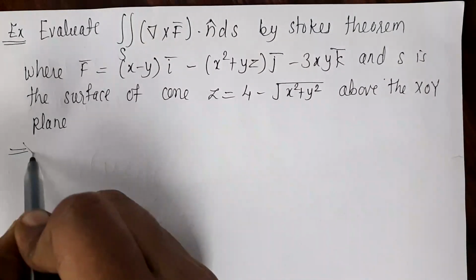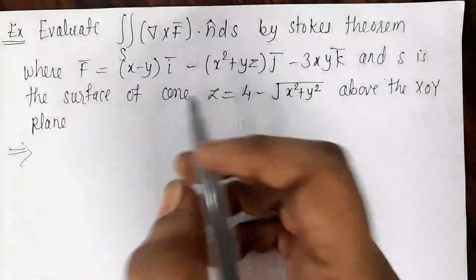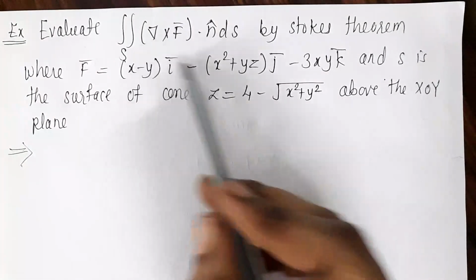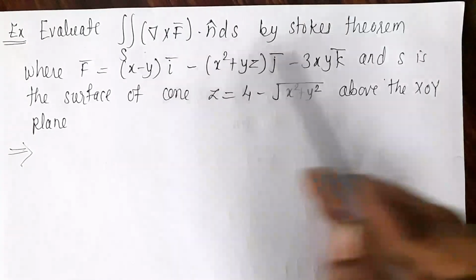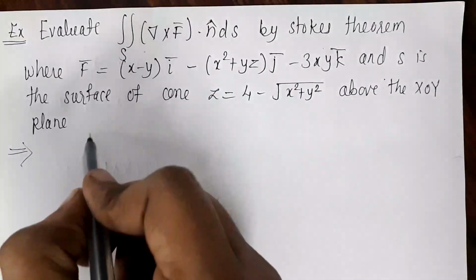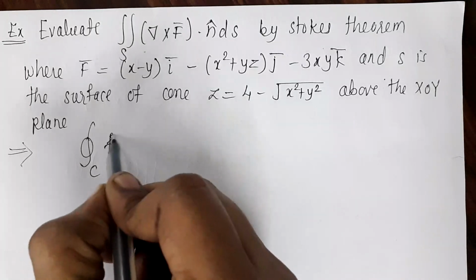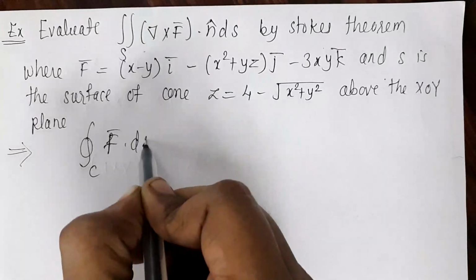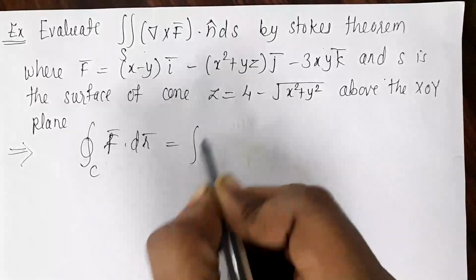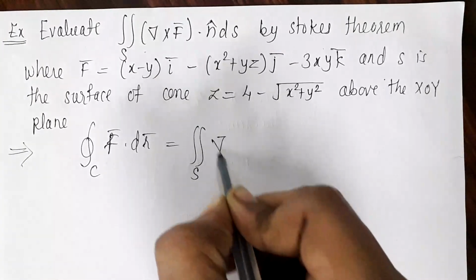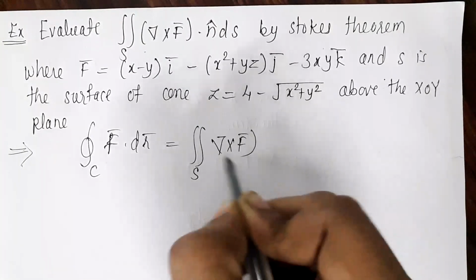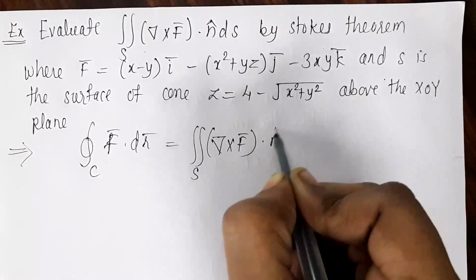Now, what is given? Evaluate by Stokes theorem. So what is Stokes theorem? Integration over c f dot dr is equal to double integral over s del cross f dot n cap ds.